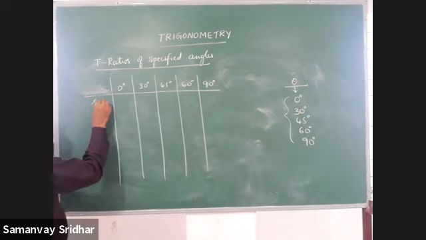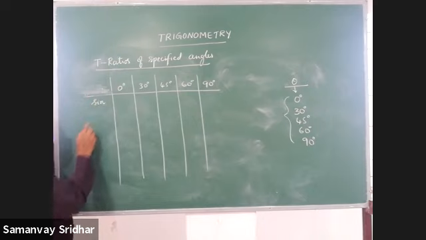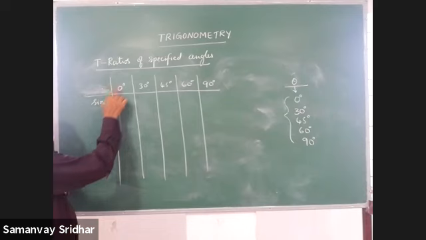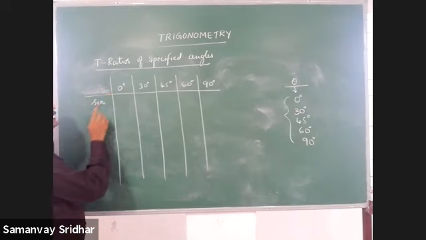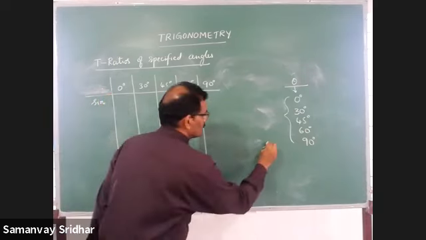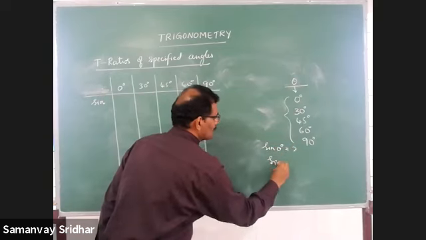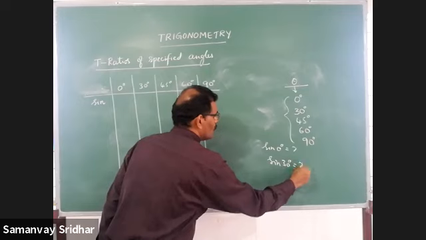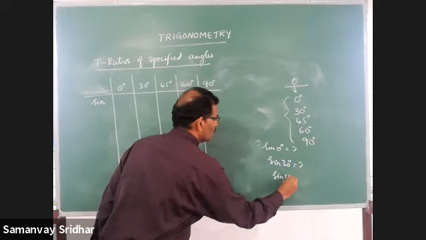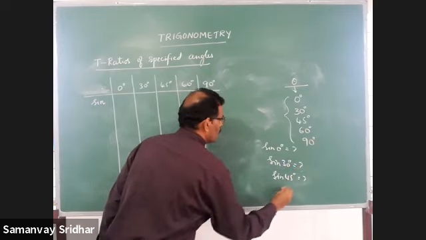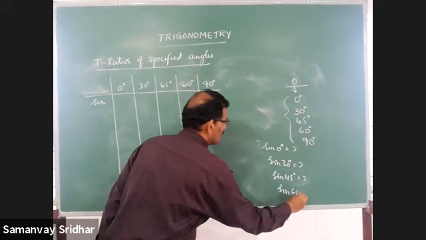So here I'll write the T ratio, sine. You should not take only sine, there is no value for that. So say sine theta together, but in the place of theta we have to put these. Sine 0 degree, what is the value? What is sine 30? What is sine 45? Okay, what is sine 60?